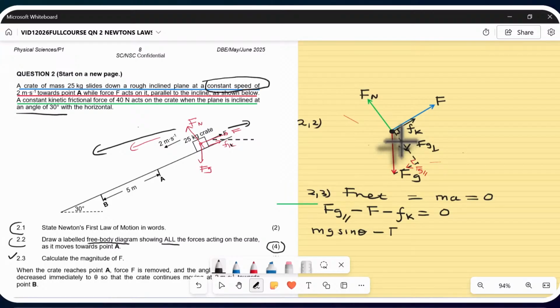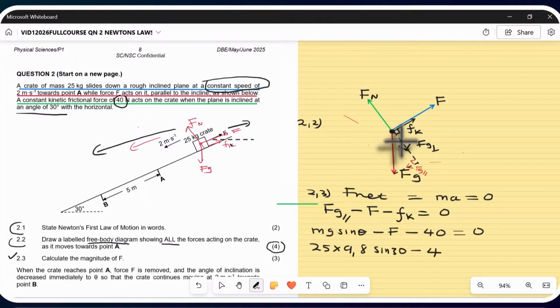Okay, so I'm looking for the force F. Now, the mass given here is 25. I'm going to say here 25 times 9,8, and then they give us the angle as 30, so times sine of 30 degrees. And then minus 40 will give us force F, which we are looking for. Now this one here, from the calculator, what do you get there?